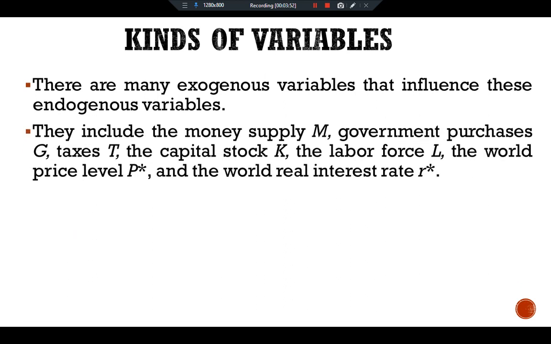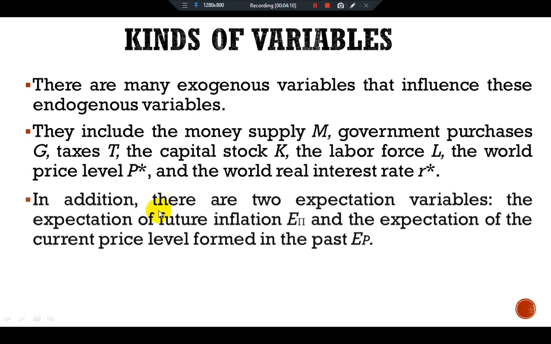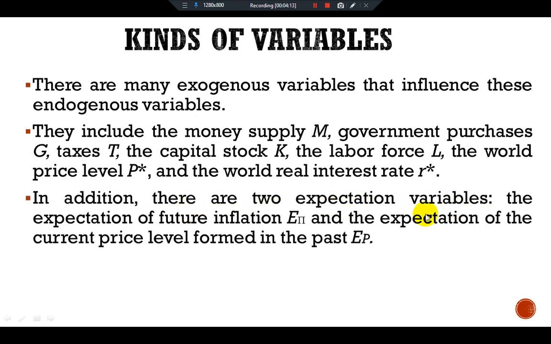They include the money supply M, government purchases G, taxes T, the capital stock K, the labor force L, the world price level P*, and the world real interest rate r*. In addition, there are 2 expectation variables: the expectation of future inflation, Eπ, and the expectation of the current price level formed in the past, EP.